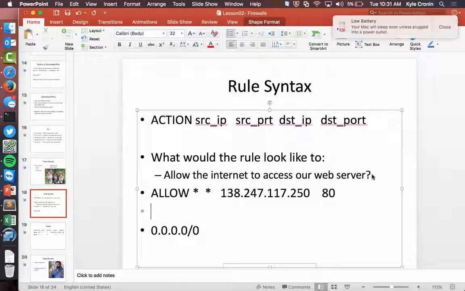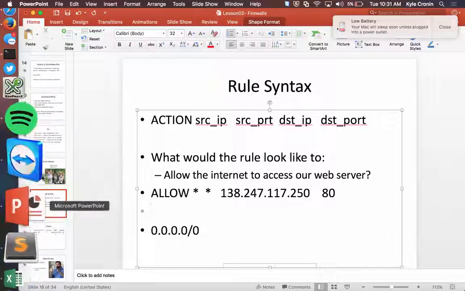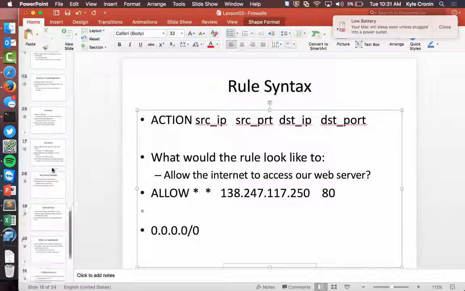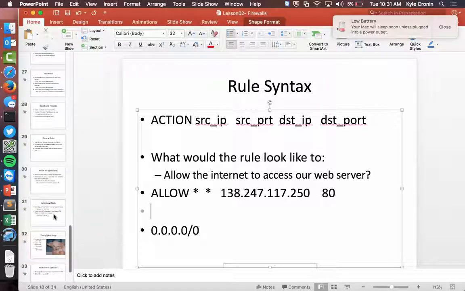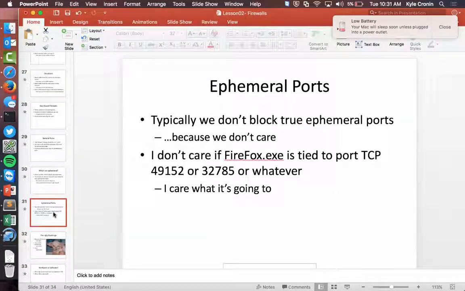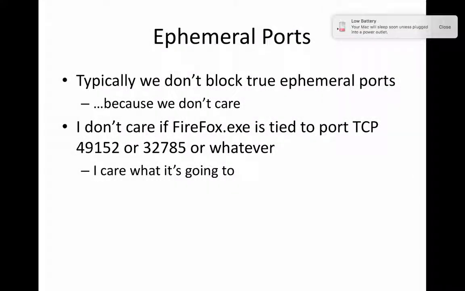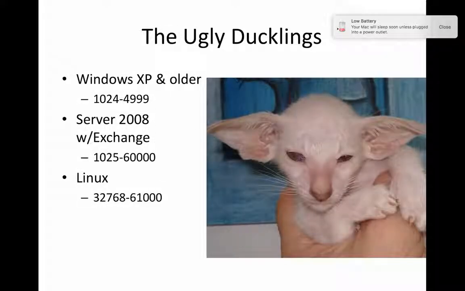There's lots of other complicated things that will come up with this, but for the most part, to finish my ephemeral port talk, because I'm going to just skip ahead. Yeah, you want to see the picture? There are many reasons why we can't ever do anything with ephemeral ports, because different operating systems force different ranges of ephemeral ports.